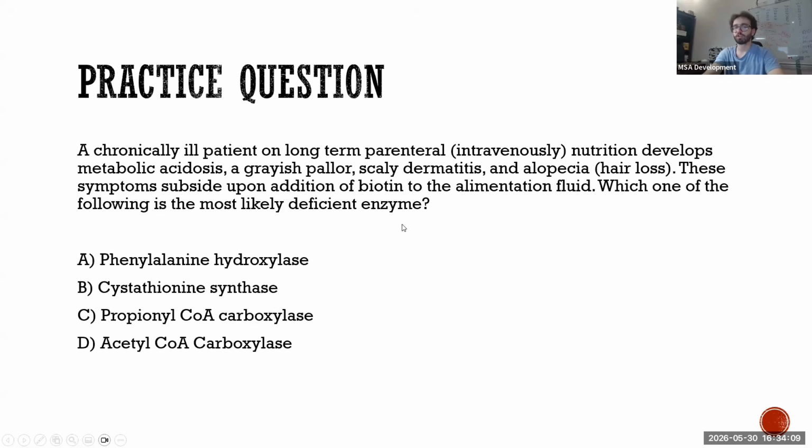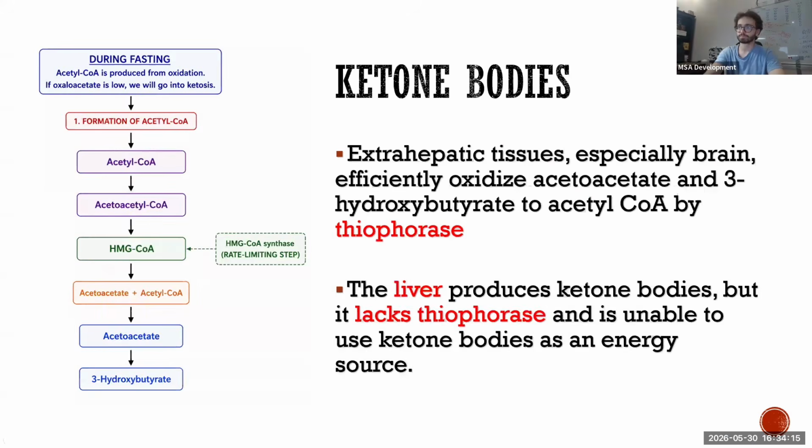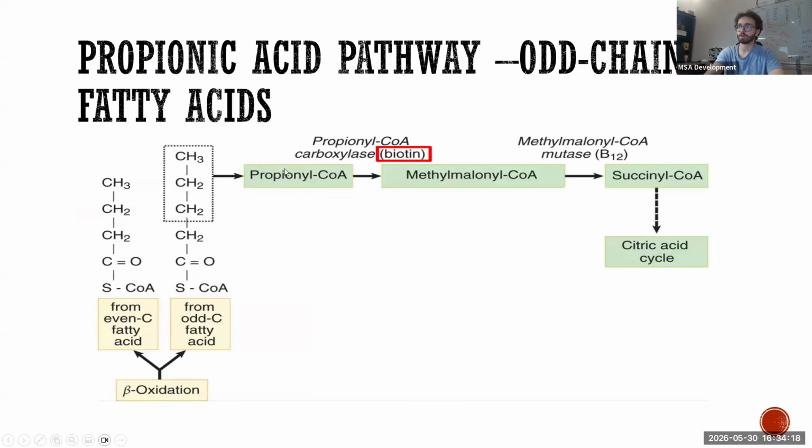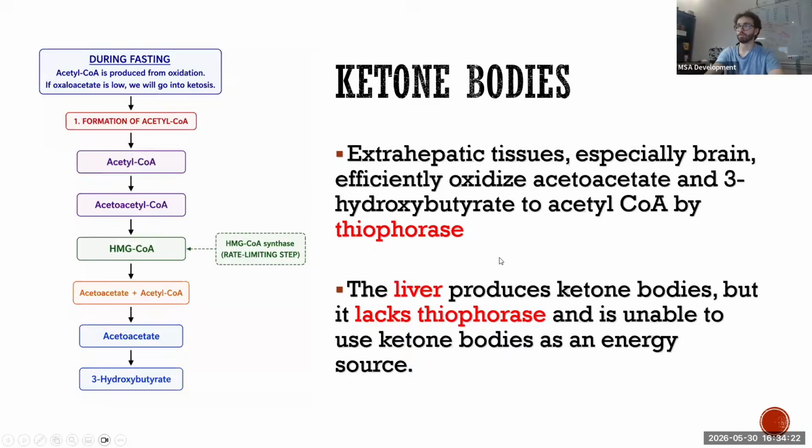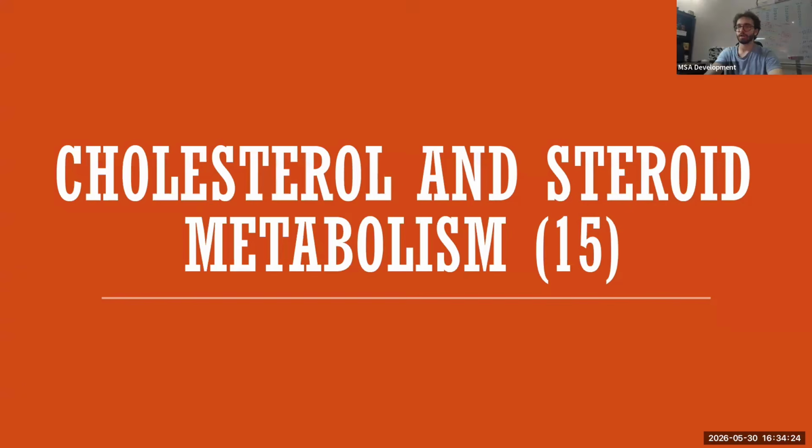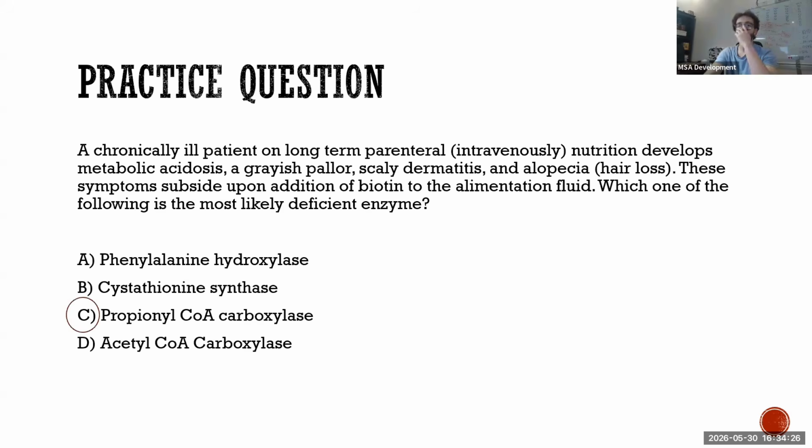So which enzyme is deficient that when we give biotin, it becomes good? We talked about it before even giving you the answer. It's here. Propionyl-CoA carboxylase. If the question was about B12, you'd say methylmalonyl-CoA mutase. Okay? So the answer is propionyl-CoA carboxylase.